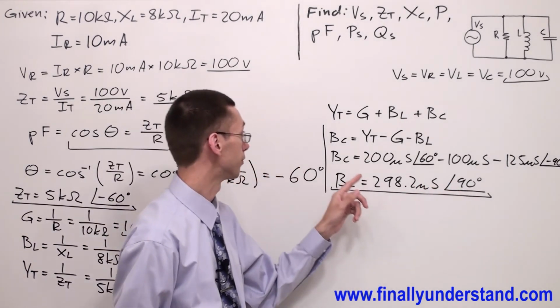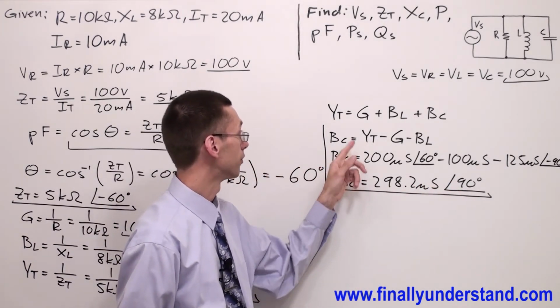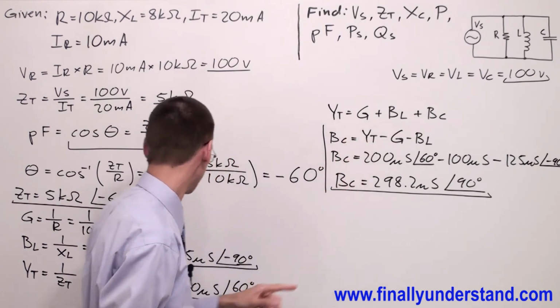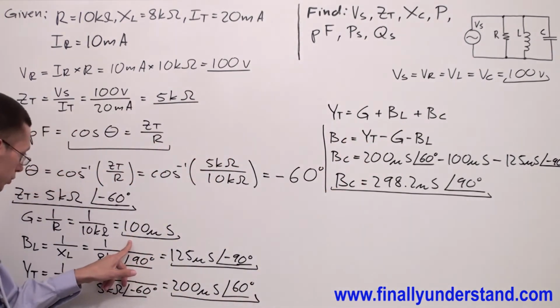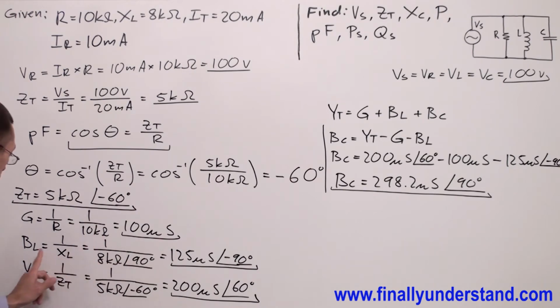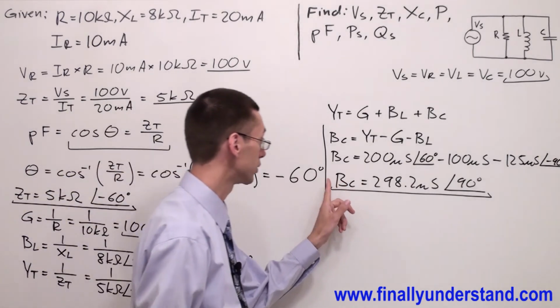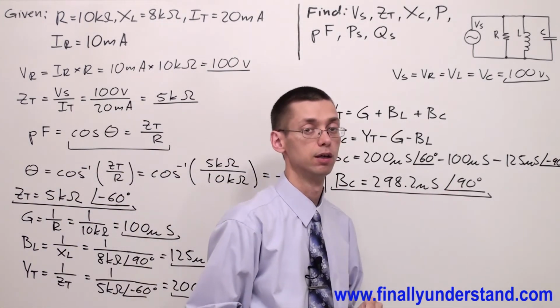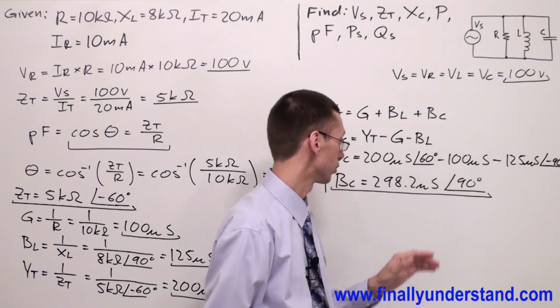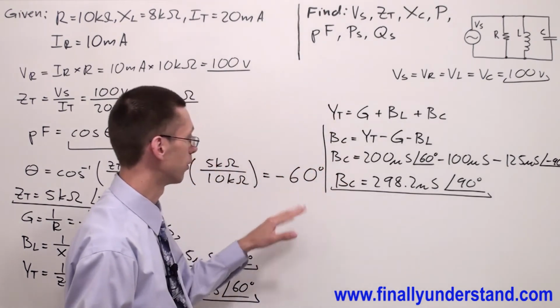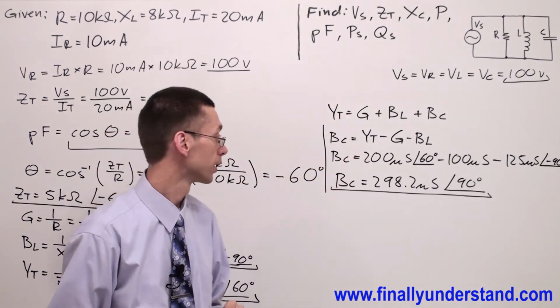If we have conductance with an angle of 0 degrees, this is okay. If we have inductive susceptance with an angle of negative 90 degrees, this is okay. And capacitive susceptance is supposed to have an angle of 90 degrees. So it means that up to this moment our calculations are okay.